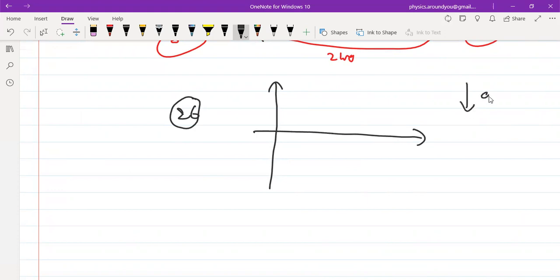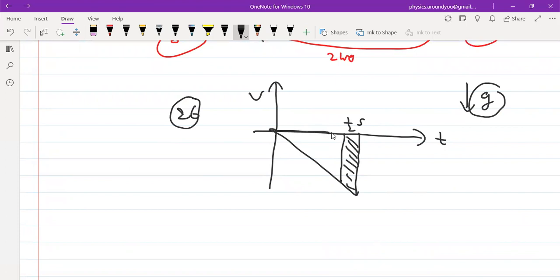Anything going down is negative, g is negative, so the v-t graph would look like that. It covers a distance of 19 meters. Distance is the area in half a second.